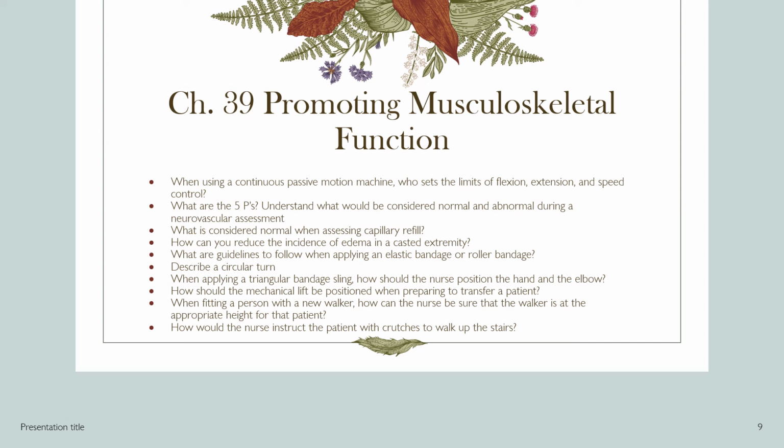We always use these to assess our neurovascular system, and any of these, when found in a patient, is something that's going to warrant notification to the doctor and some type of intervention to reverse or stop that process. Our 5 Ps are pain, pallor, paralysis, paresthesia, and pulselessness. Be very familiar with that table.